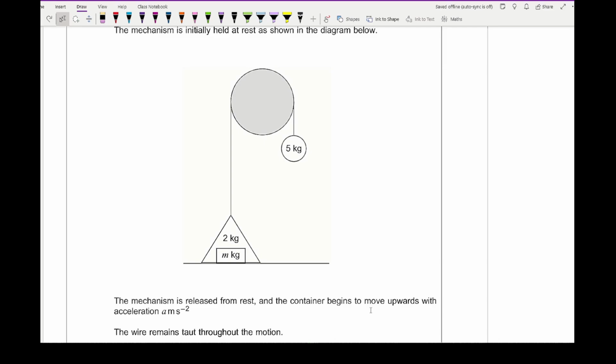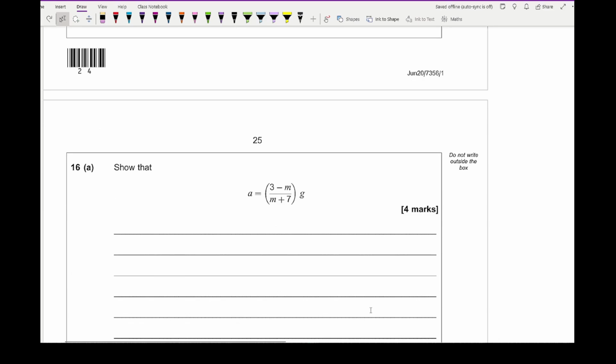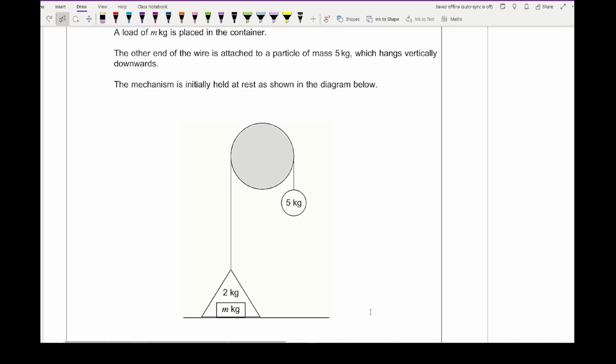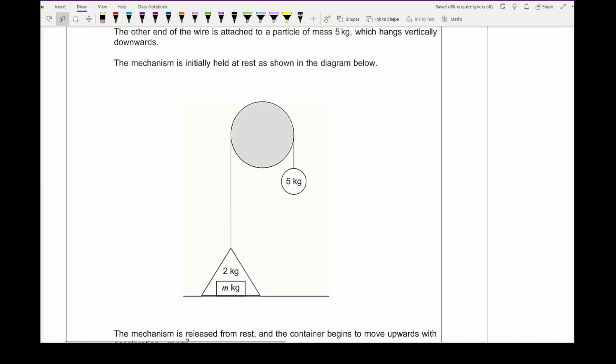We then have a question: show that a is equal to (3 minus m) over (m plus 7) lots of g. If we go back up to the diagram and add in some of those forces and in the directions that everything is acting, we have our force downwards, which is m plus 2 lots of g, and we have some tension in that wire acting upwards.